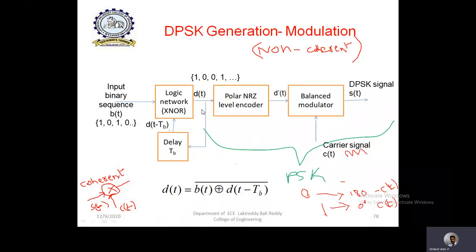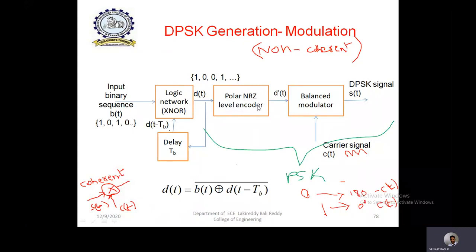In this block diagram, if you clearly observe this particular block, which is indicated in green, this is nothing but the PSK modulation process. That means in the PSK modulation process, the input digital data, that is ones and zeros, first converts into an NRZ level encoder.